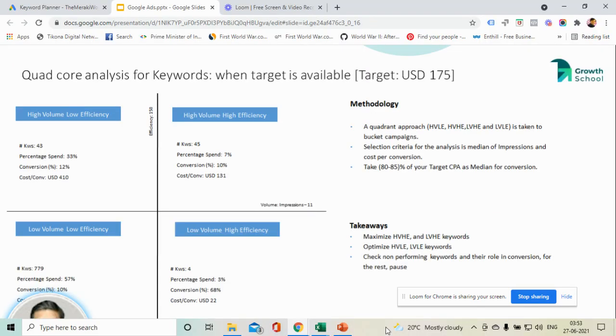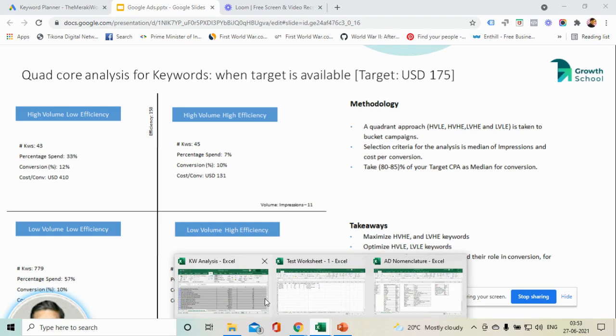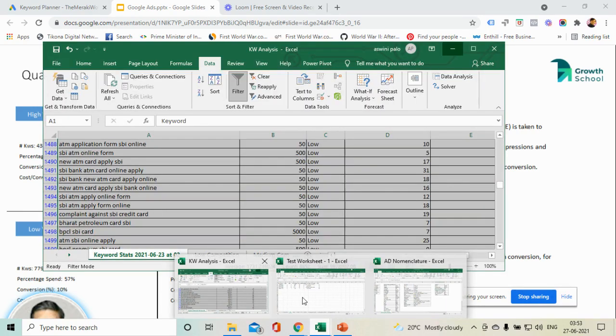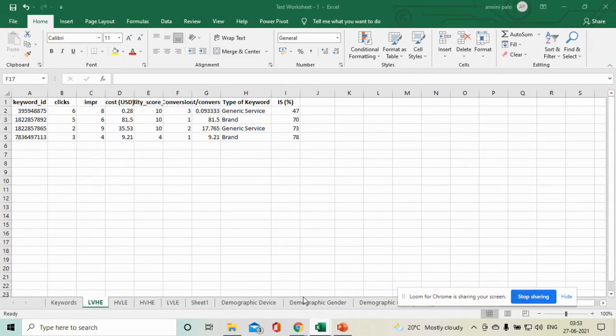So let's go to this one now. This is in the high efficiency category. Now there is an option that we can scale it ahead. What is the possibility to scale it? You can see here these are two brand keywords. So here there is a possibility of what to do.